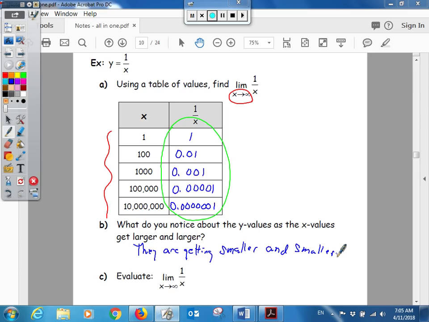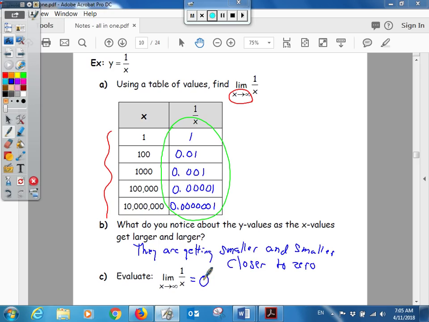The key to this, though, is that even though they're getting smaller and smaller, they're never going to go negative. So the smallest they could possibly get to would be just before you hit 0. They're getting closer to 0. So when you evaluate the limit as x gets infinitely large, that would be equal to 0.